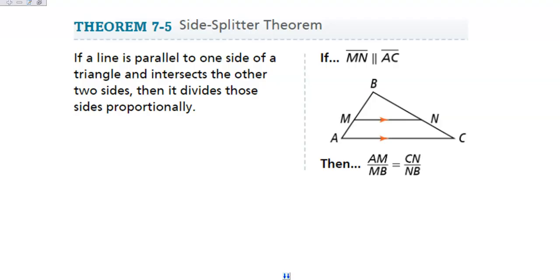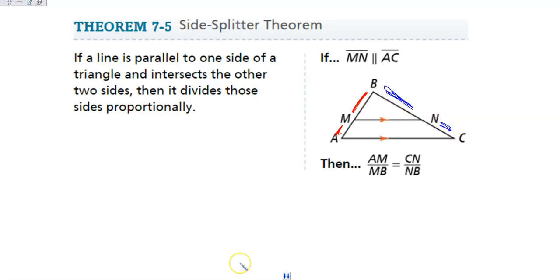Now, what the side splitter does is it lets us say that this piece, instead of being proportional to this whole side, which is still true because they are similar, is now proportional to this piece, and that this piece over here is proportional to this piece.